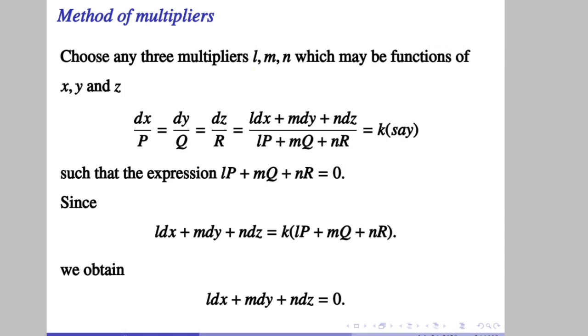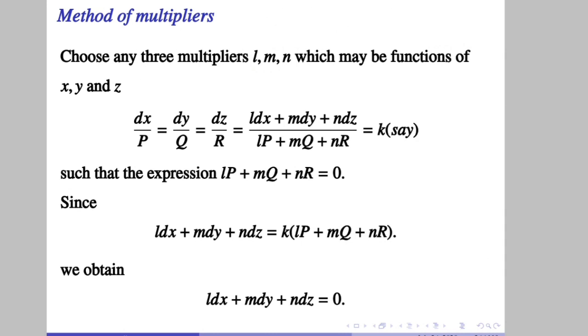Next one is the method of multipliers. In this method, we choose three functions l, m, n, and we multiply like this: all these ratios are equal to l dx plus m dy plus n dz divided by lP plus mQ plus nR, which we take as k, such that we choose the multipliers so that the denominator becomes 0.